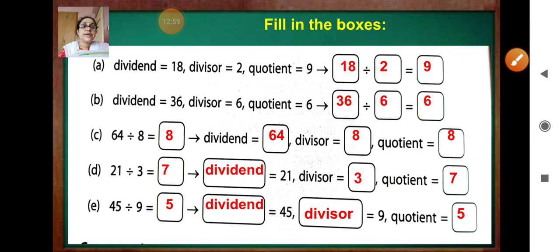Now question D. Check the answers. Question D. Look here. 21 divided by 3 equals 7. 3 sevens are 21. The arrow is showing. You have to write dividend equals 21, divisor equals 3, quotient equals 7.